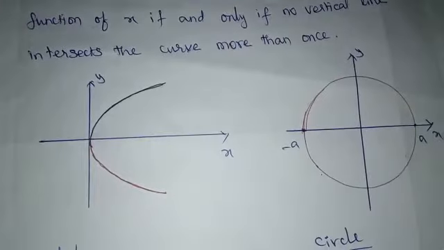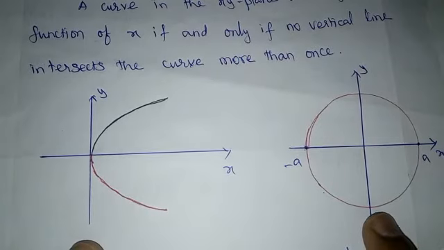Now see the two different curves. One is a parabola and another one is a circle, which are already familiar to us.